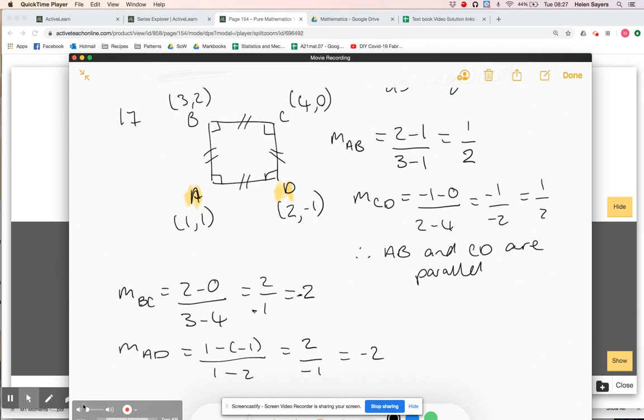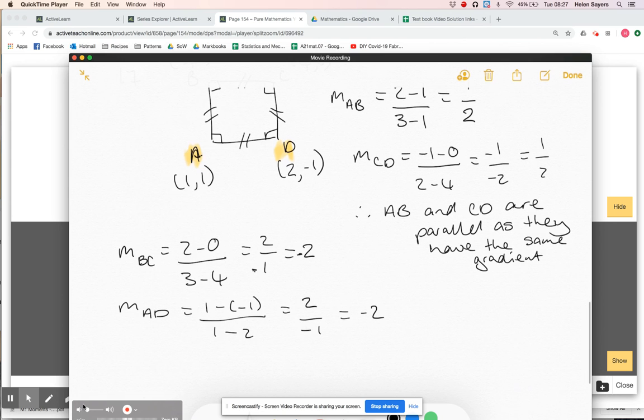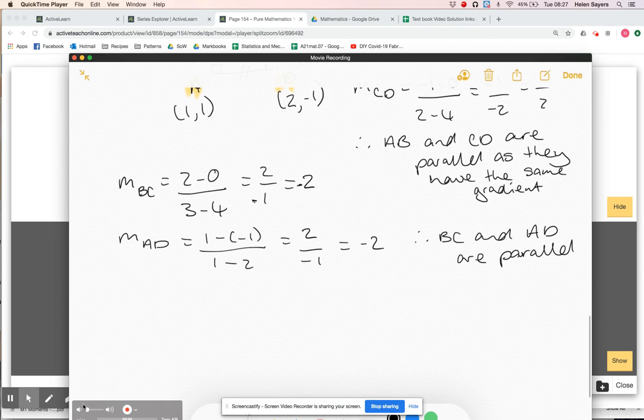Okay, so actually one other thing I've realised I should do is say why they're parallel. So I'm going to add to this: parallel as they have the same gradient, and then same here, so BC and AD are parallel, as they have the same gradient.